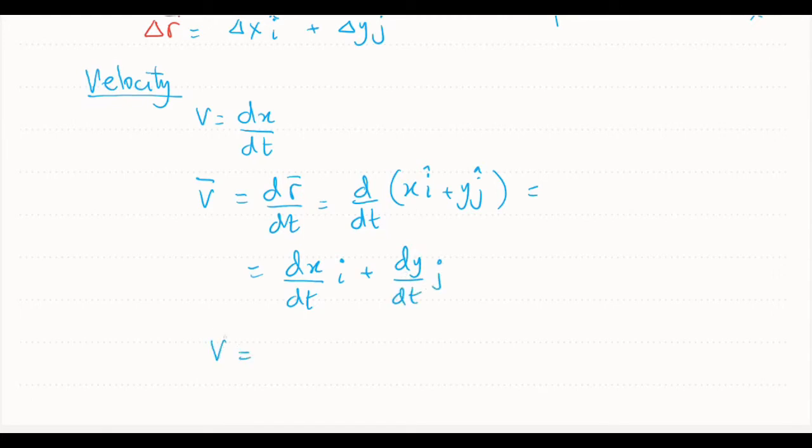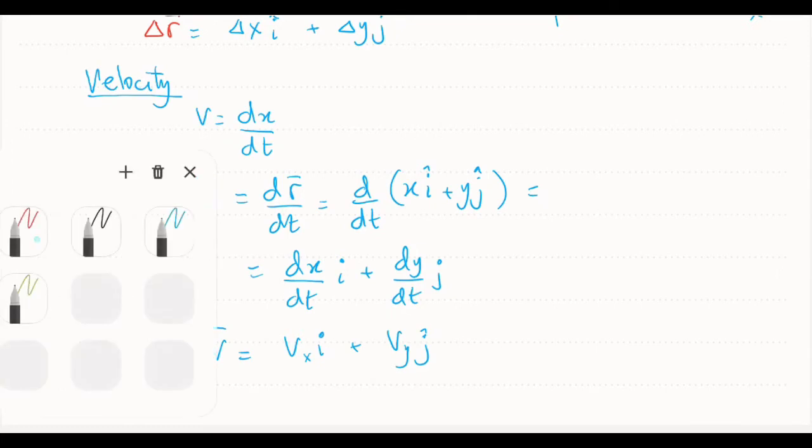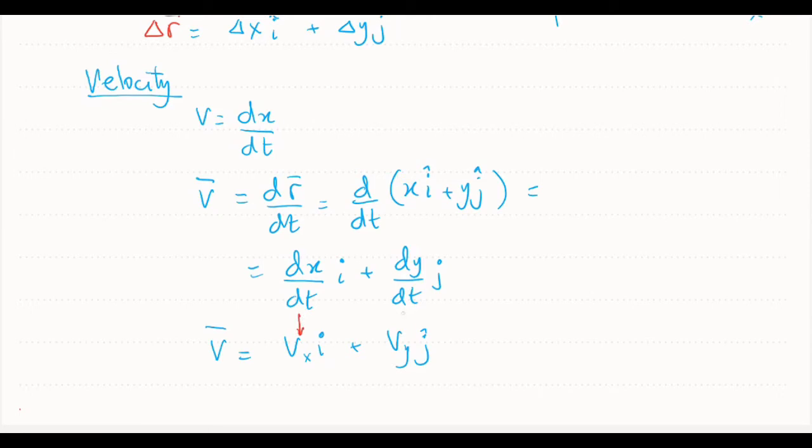Because the velocity vector is vx i plus vy j, dx over dt is vx and dy over dt is vy.